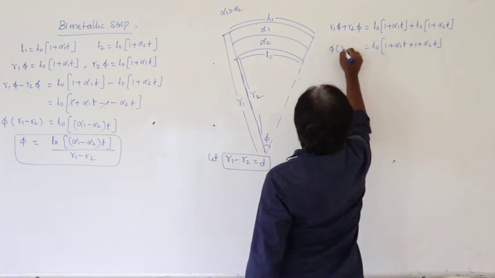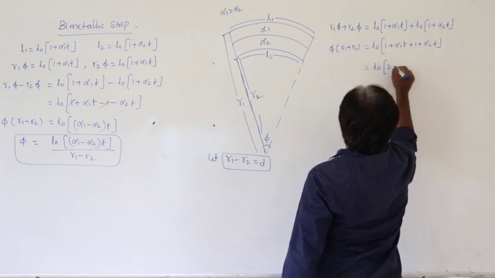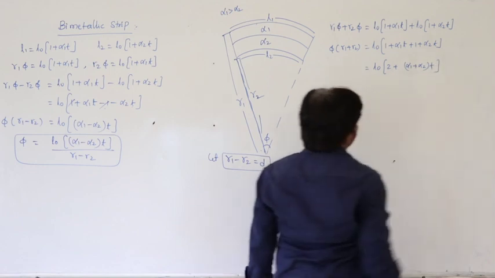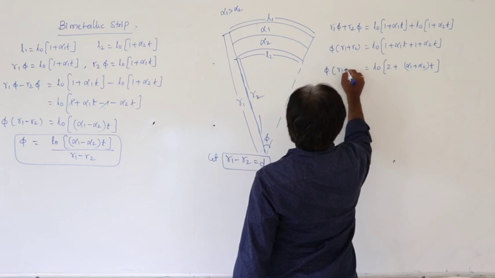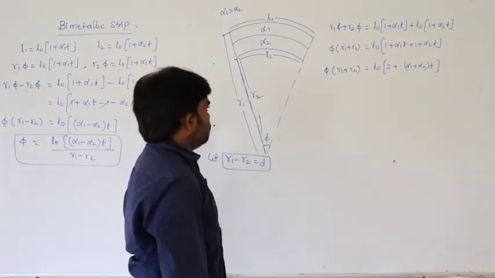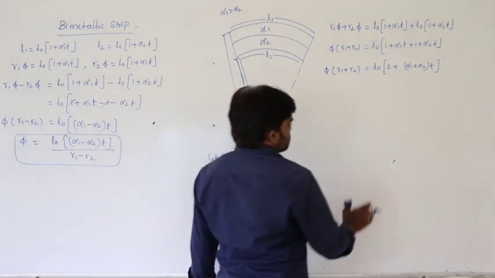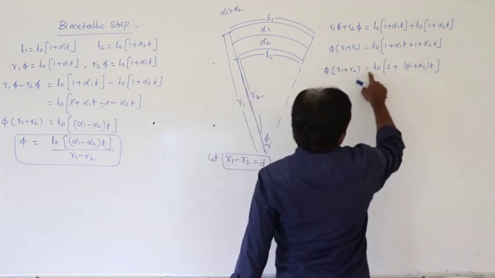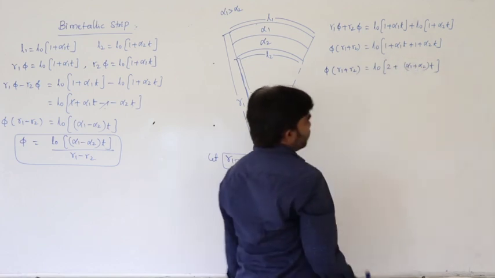So, here phi common R1 plus R2, L naught into 2 plus alpha 1 plus alpha 2 into t. Here phi into R1 plus R2 is L naught into 2 plus alpha 1 plus alpha 2 into T.